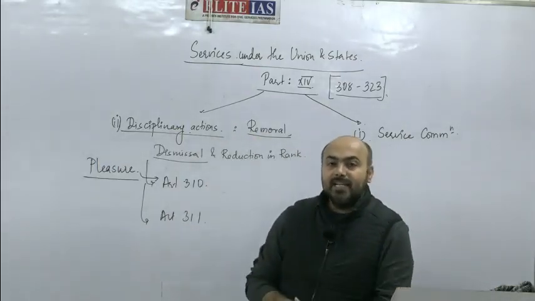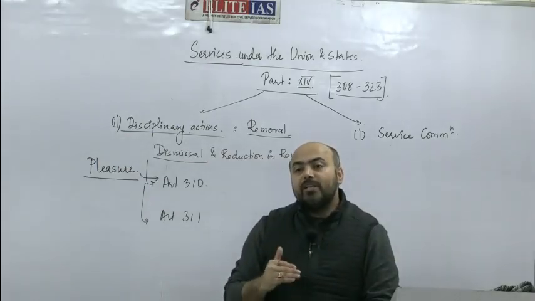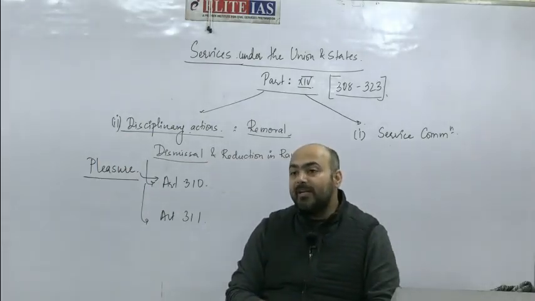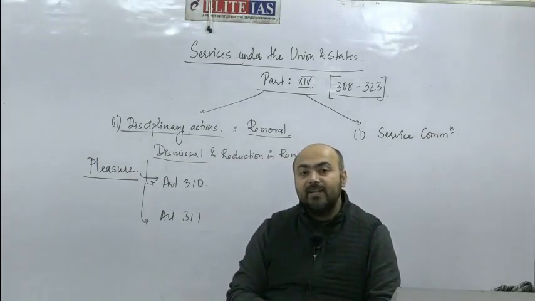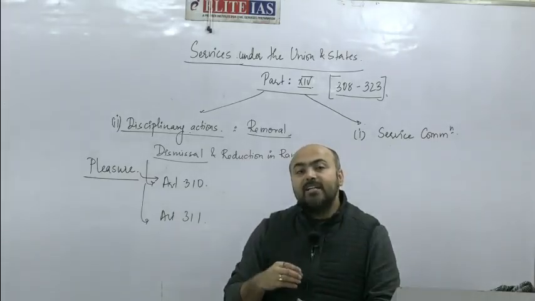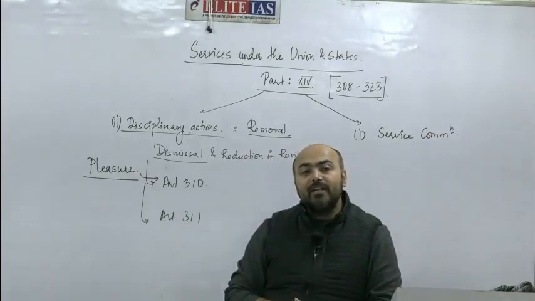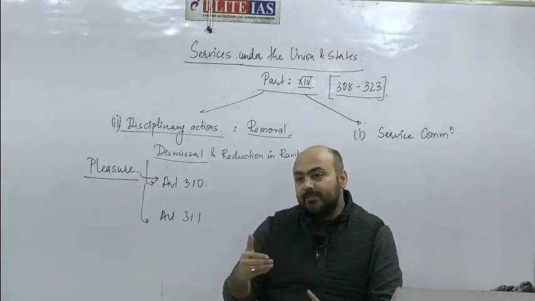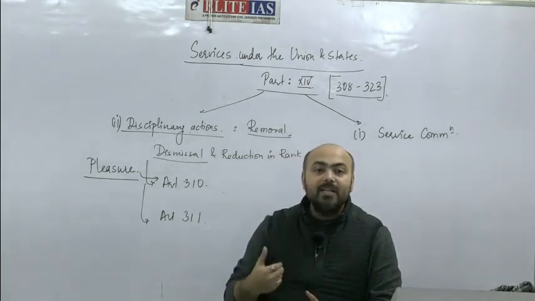Now, when we talk about the rights that are there, initially, before the 42nd Constitutional Amendment Act that was taken up in 1976, this right was given to a civil servant twice. That means the whole procedure was repeated twice.